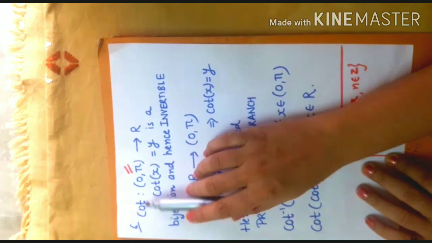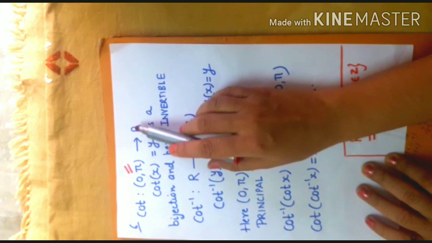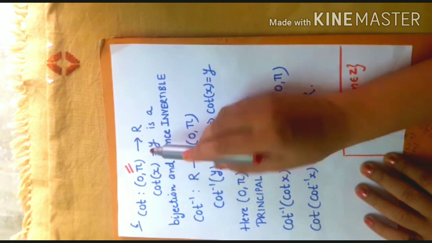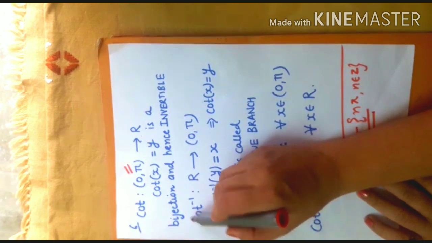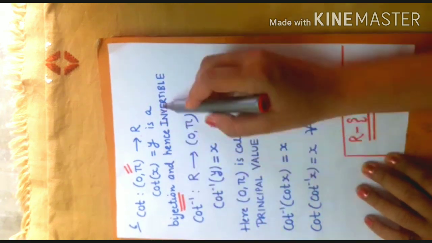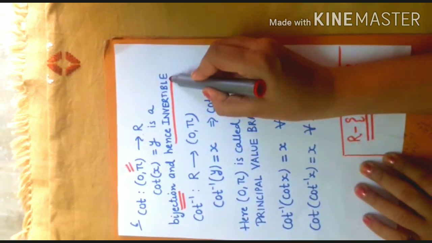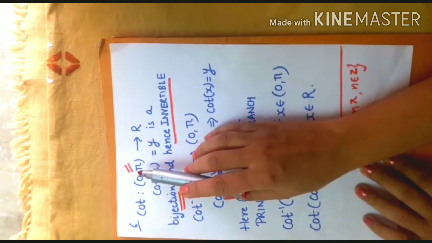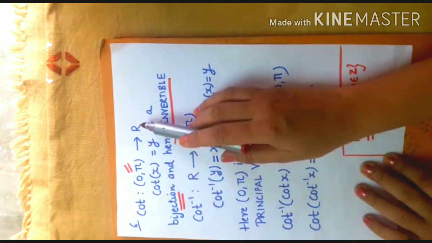So cot function from 0 to pi to R, defined by cot x is equal to y, is both one-to-one and onto, therefore a bijection and hence invertible. So here on this restricted domain, cot inverse will exist.